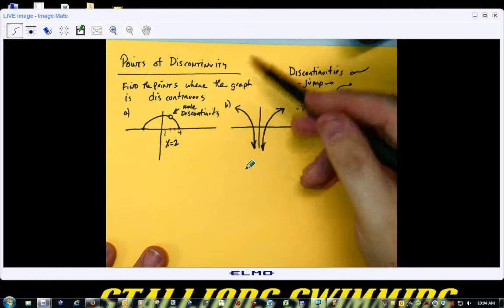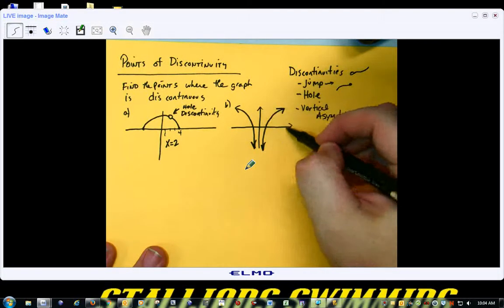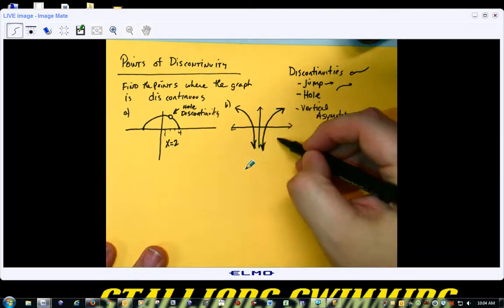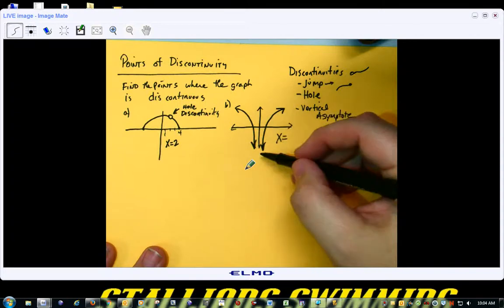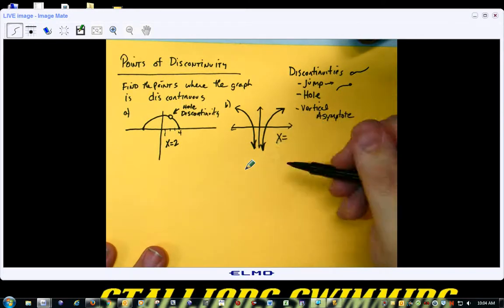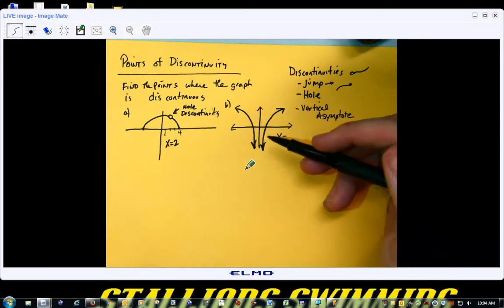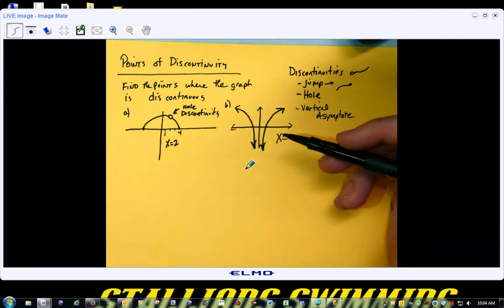Now, where would you say this one is discontinuous somewhere? Where would you say that what x value will never actually get you a point on the graph? X equals 0.